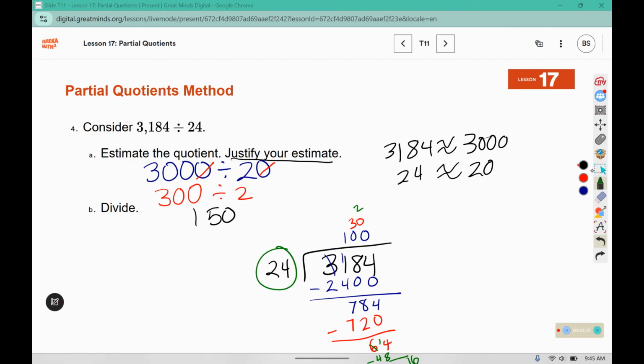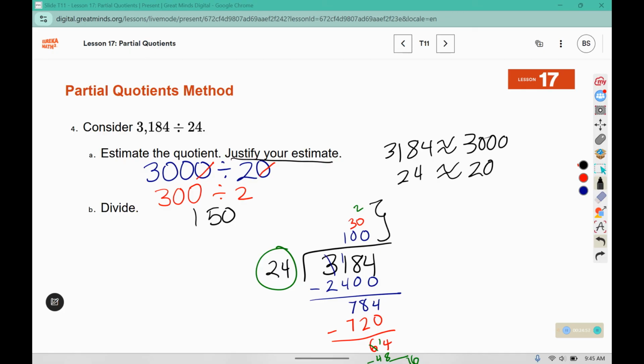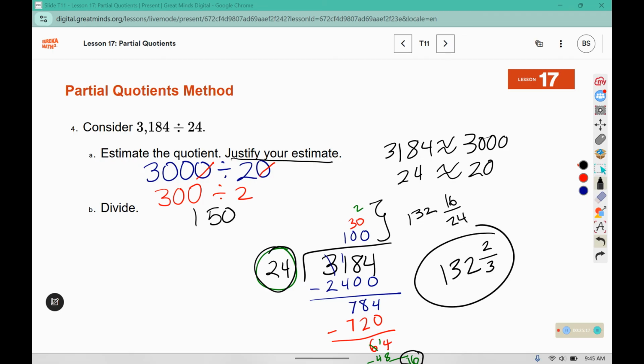So we're going to have to create a fractional piece that's left over. So right here I have 132 and 16/24. We can reduce this. 16 and 24 both have an 8 in common. 8 fits into 16 2 times and into 24 3 times.